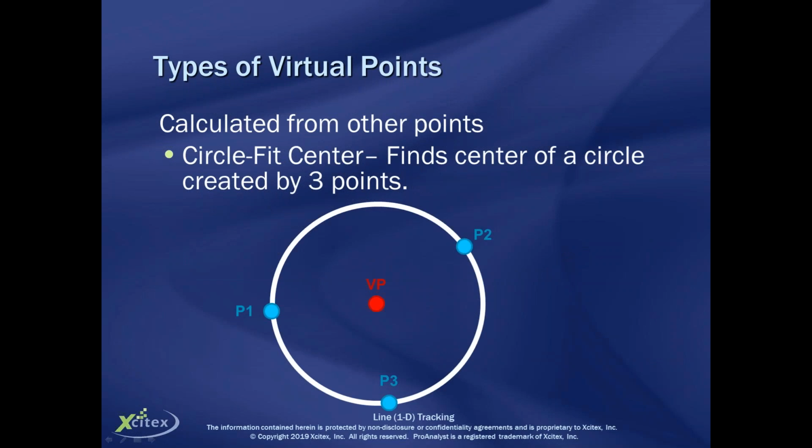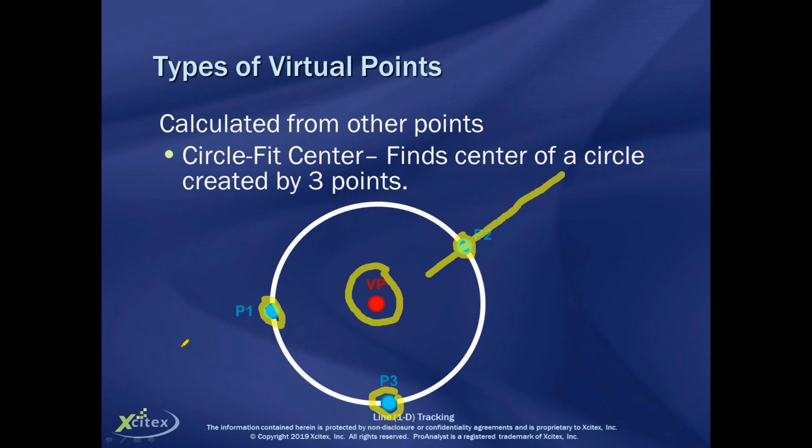Another type of virtual point that is calculated from other points is the circle fit's center. In this, we take 3 points, and it generates a perfect circle fit, and puts your virtual point as a central point for those 3 points. This can also work in conjunction really well with 1D line tracking.